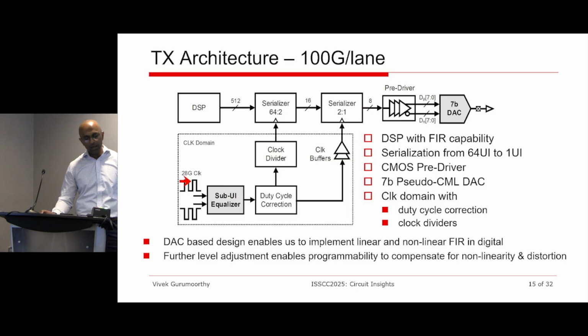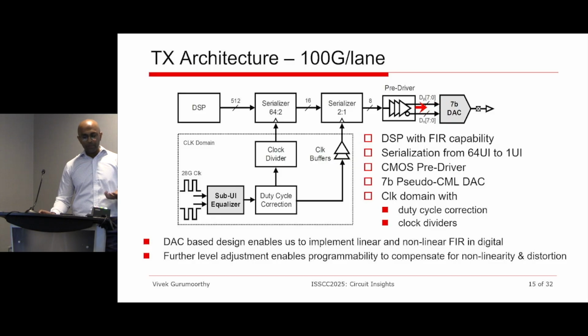We'll talk about why it needs to be a specific clock rate in the subsequent slides. But imagine you get a clock, you do a bunch of correction, and you use that to convert the parallel data into serial data. Once you get it to the 1 UI stage, which is the highest speed, you have to transmit it out. That is where the DAC comes into the picture. In this case, we are showing a 7-bit DAC. If we say a 7-bit DAC, you basically have 127 levels, 2 to the power 7 minus 1.